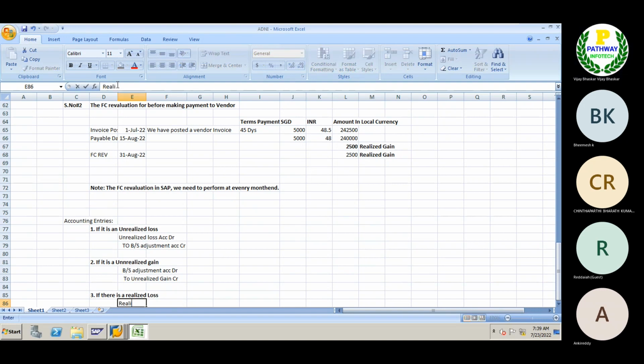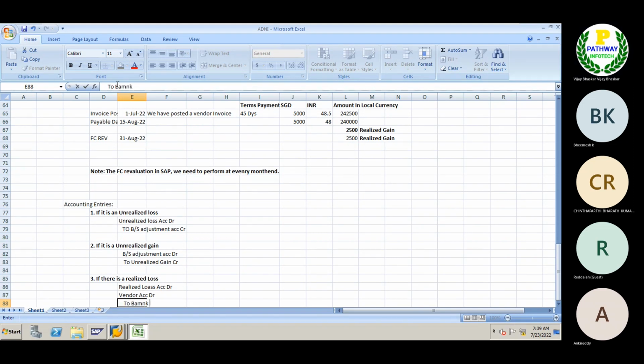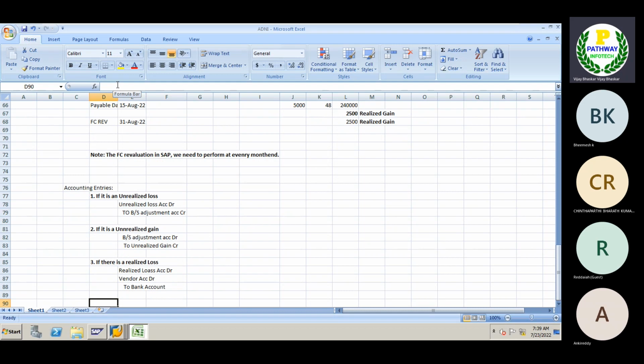The realized loss account is debited, and the vendor account is debited, to the bank account. This is the entry if there is a realized loss.